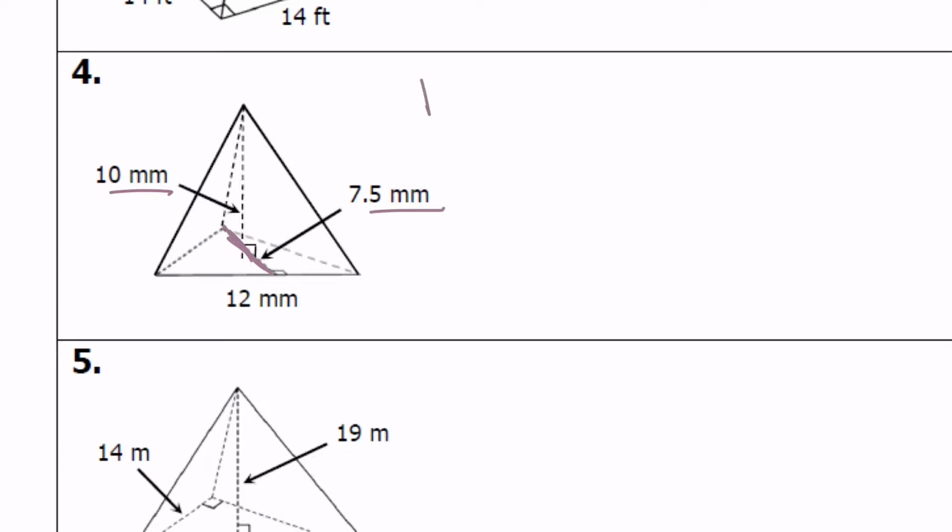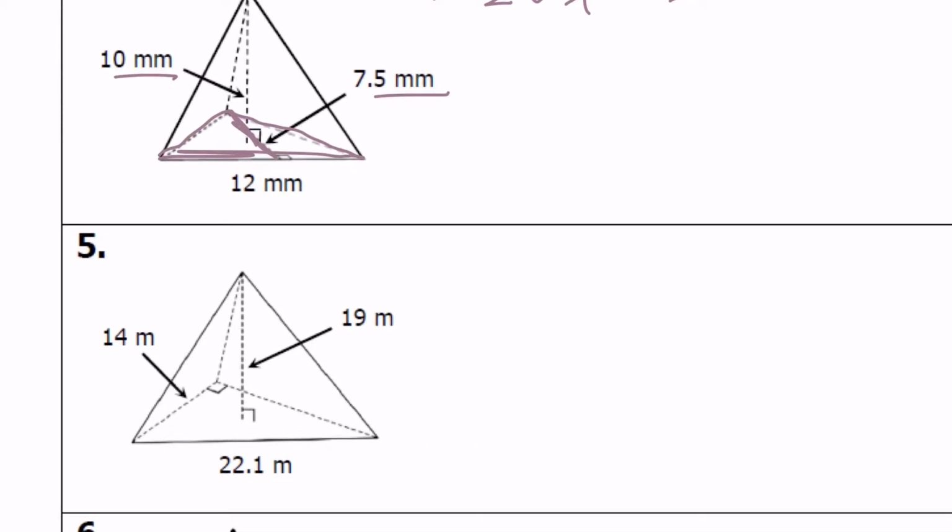So when you find the area of your base triangle, you need to make sure you use your formula for the area of a triangle. So 1/2 times the base of it is 12 times the height of that triangle, 7.5. That's going to give you the base area. Once you find that, multiply it by 1/3 and by the height of 10, and you have your volume of that triangular pyramid.